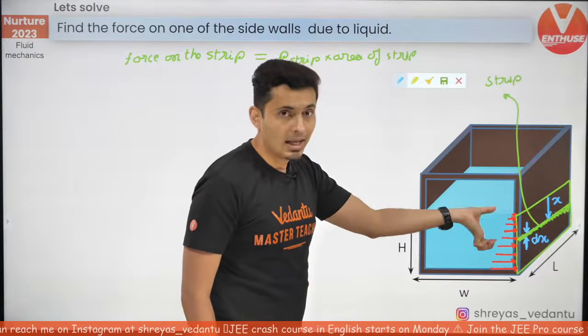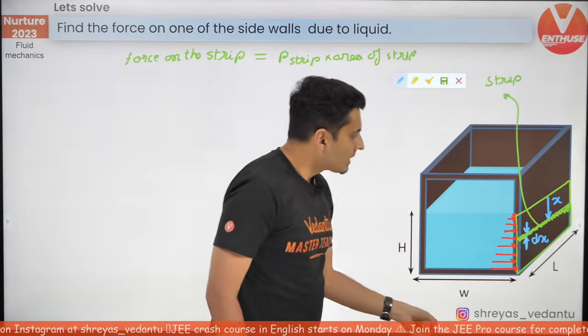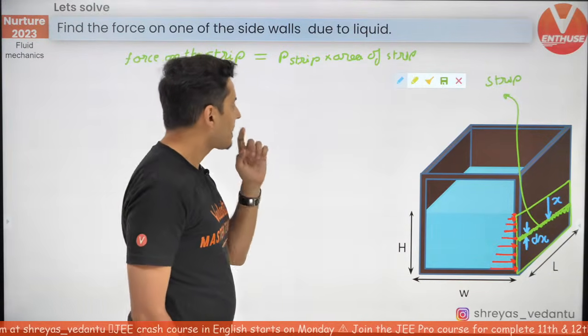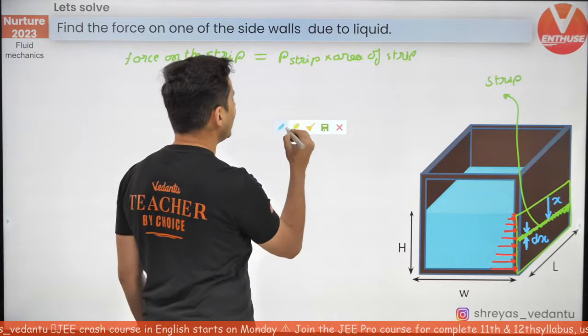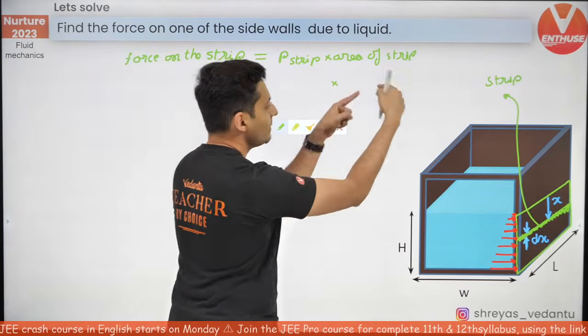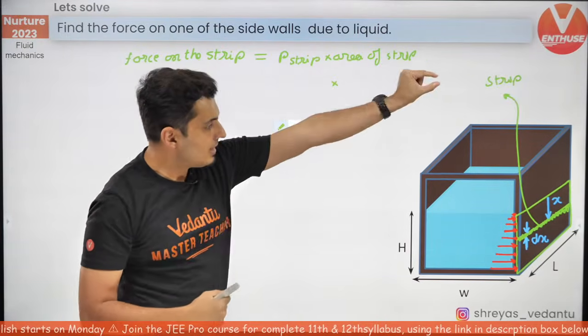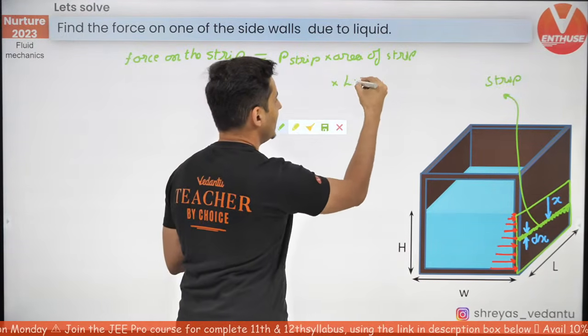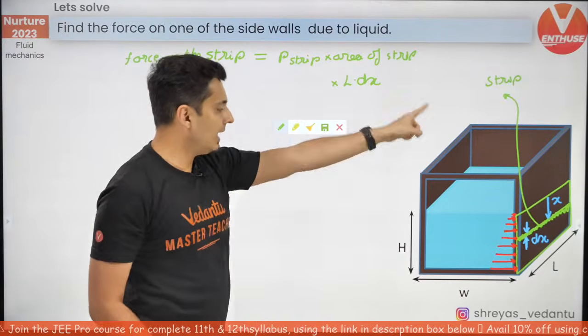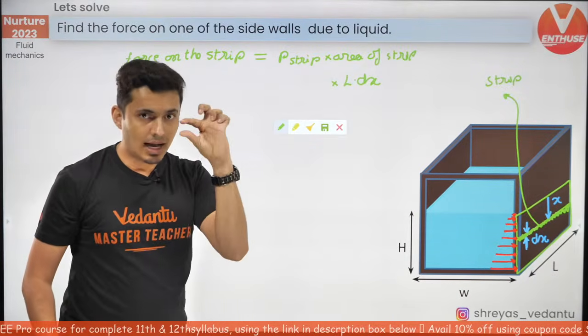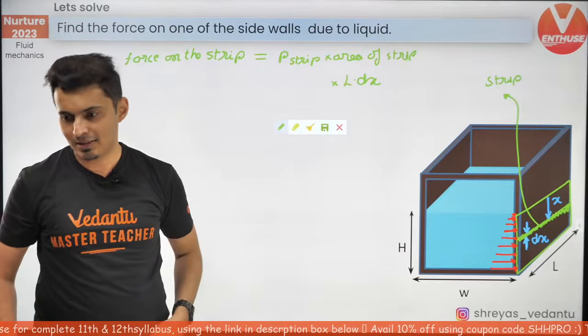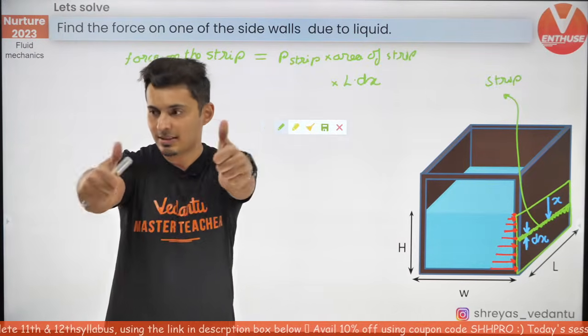Okay, x is the depth, dx is the width. This is the length of the strip. So think, what should be the area of the strip? The width is dx, length is L, so it should be L into dx.